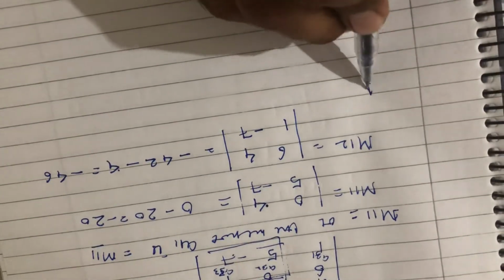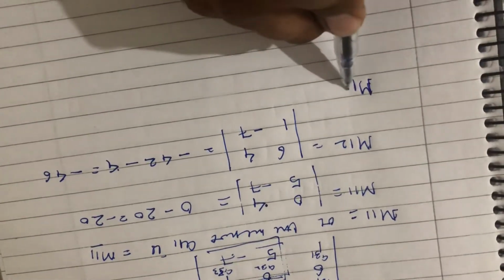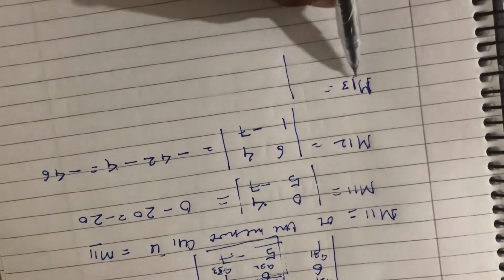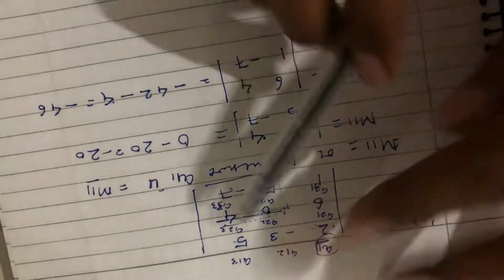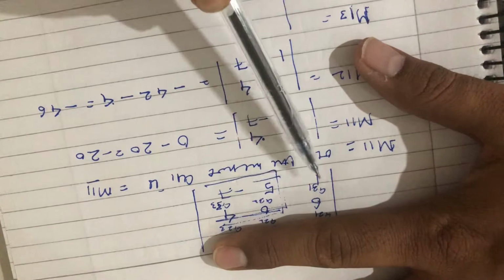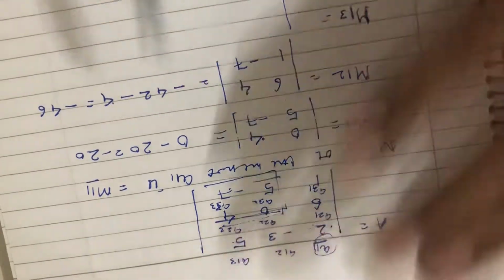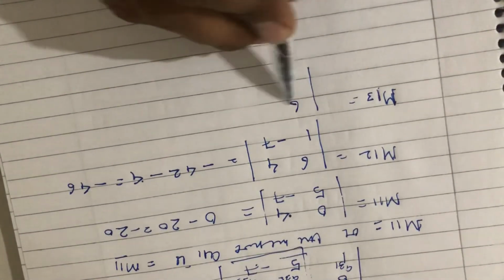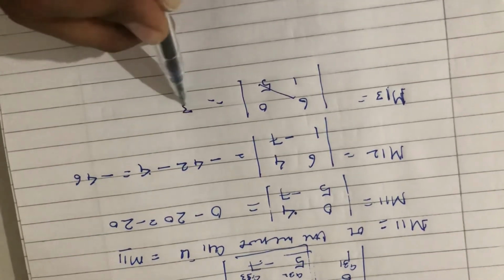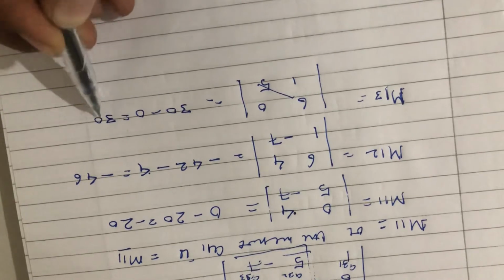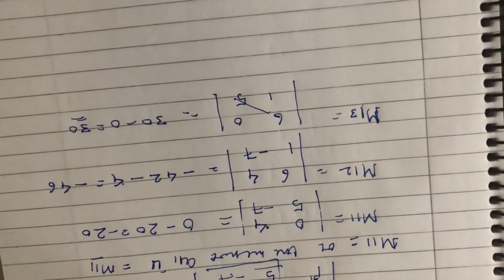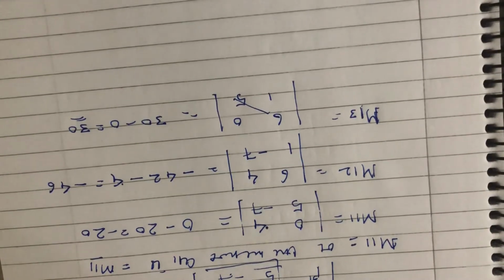Again we want to find M13. Delete the first row and third column. Then we have the elements 6, 0, 1, 5. The determinant is 30 minus 0, which is 30. Clear? Similarly, you can find all the related minors.